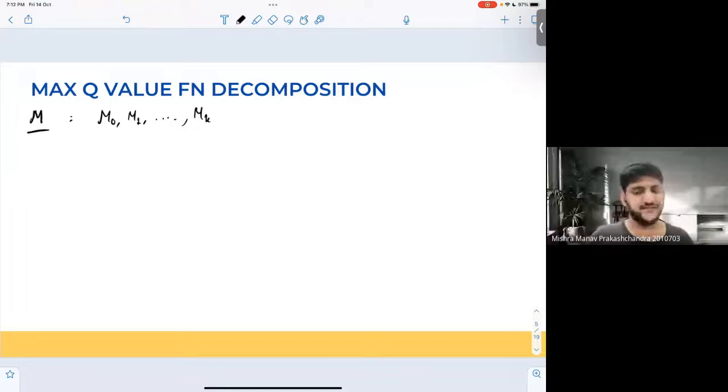Now we will look at the value function decomposition part of the MaxQ framework.